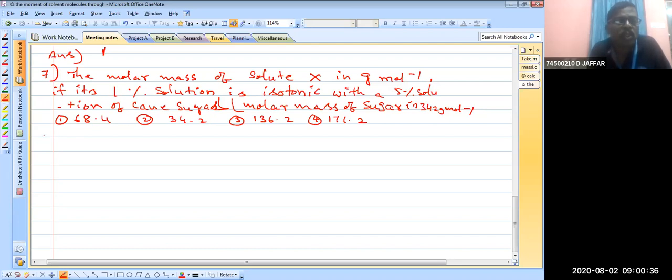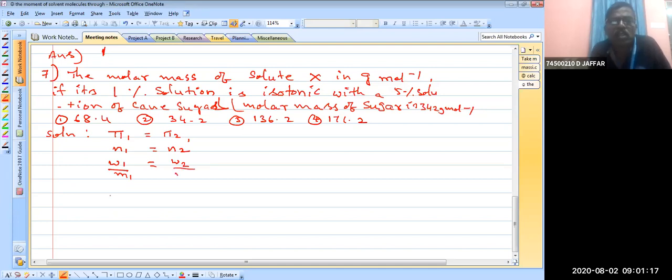Here you have to use the relation that osmotic pressure of solution 1 is equal to osmotic pressure of solution 2, or here you can take number of moles of solution 1 is equal to number of moles of solution 2, right? Moles means weight divided by molar mass, that is equal to W2 divided by M2.